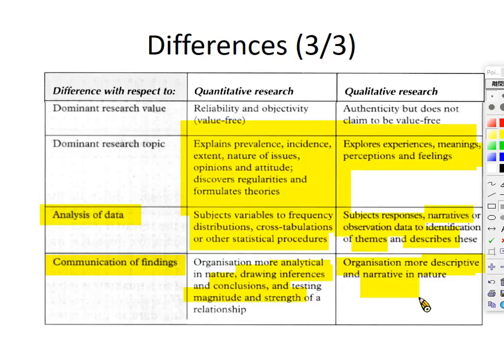That is, you have a bunch of data in front of you. After you edit it, code it, then you analyze it. The way of analyzing qualitative research is more likely to just describe the patterns and retell the stories the data want to reveal to its readers.